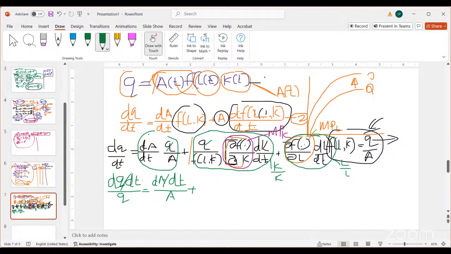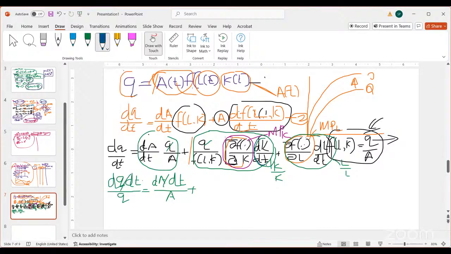Then what we get, here Q over 1, this part, I use a different color.